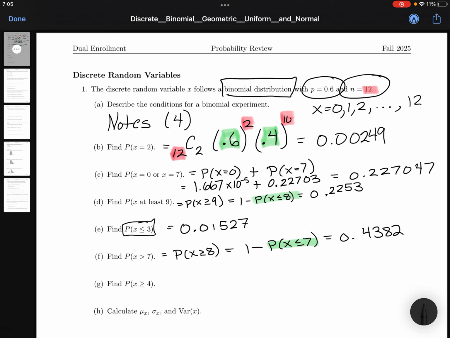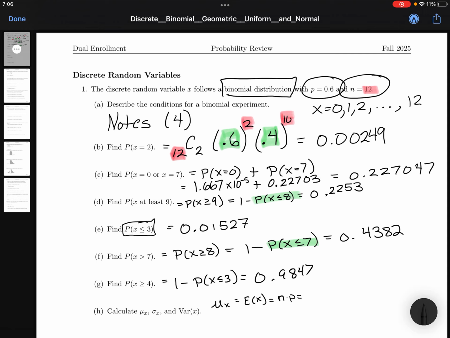Probability that x is greater than or equal to 4. That's 1 minus the probability that x is less than or equal to 3. 0.9847.